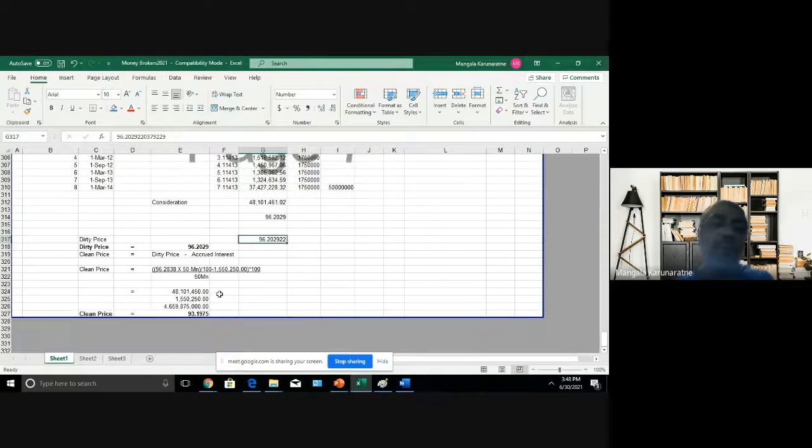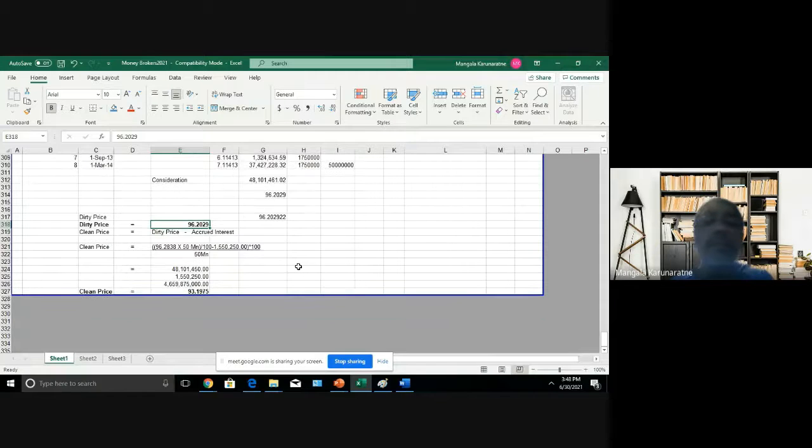Now if you want to find the clean price, you have to subtract the accrued interest from this dirty price. But now you have this for 100 units, so you have to get the full price.